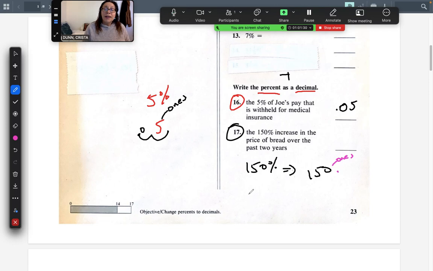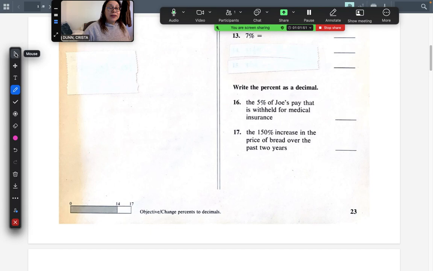Which way? Smaller. So I'm going to go smaller, right? Not bigger. And so it's 1.50, but really, I don't want that clutter. Maybe you want to just write it like that. Great job. Let's go ahead and go to the next page.